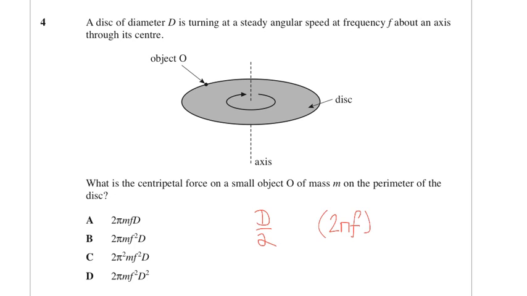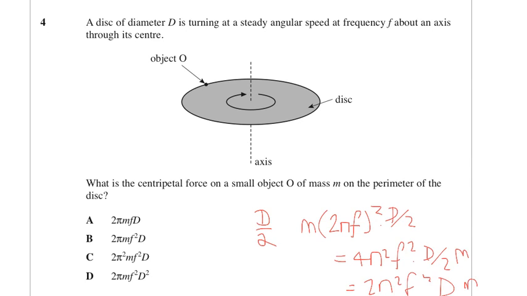If we square that, it's going to be 4 pi squared f squared, which you need to multiply by r, so then you'd put your d over 2 in. That gives you 2 pi squared f squared d over 2. On the centripetal force, we actually need to multiply it by m, so you'd have an m in there. So we need 2 pi squared m f squared d, so option C would be the correct one.